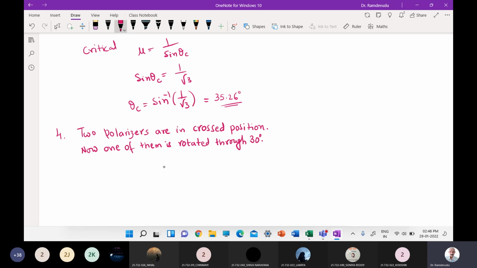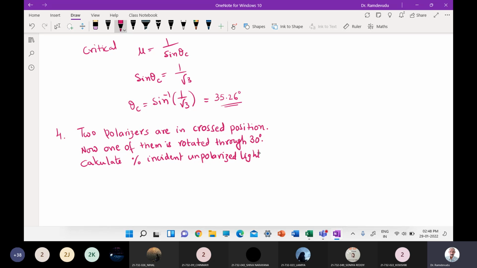They are asking to calculate the percentage of incident unpolarized light.